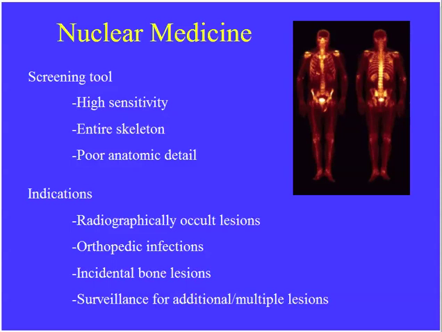But it's very highly sensitive, and the indications you'll be seeing on the boards will be radiographically occult lesions, orthopedic infections, evaluation of incidental bone lesions, and also if there's a single lesion and you want to survey the entire skeleton to see if there's multiple lesions, which may change your differential.